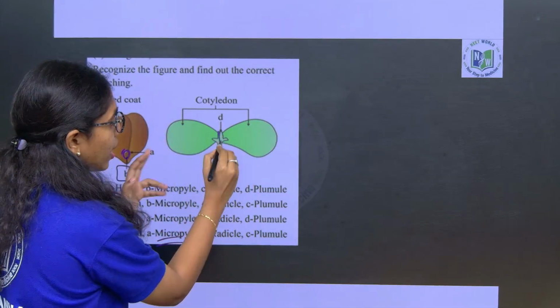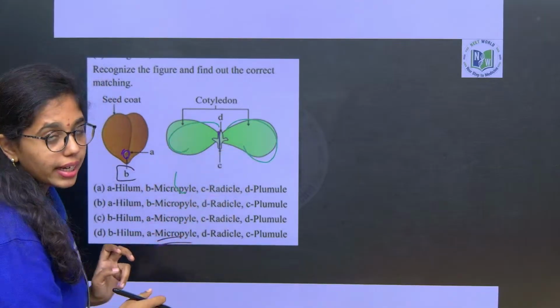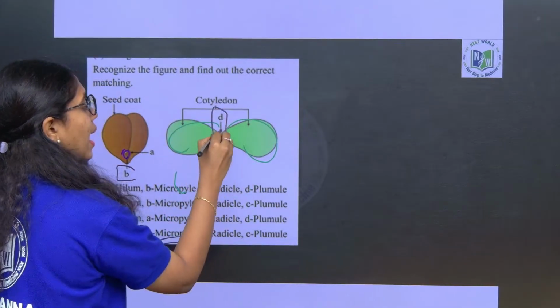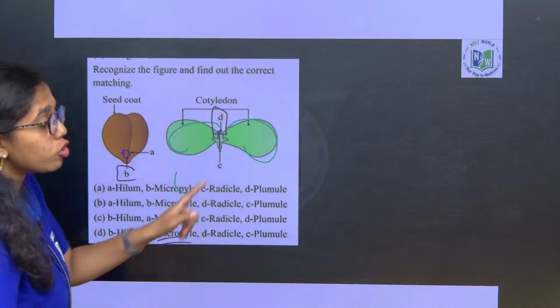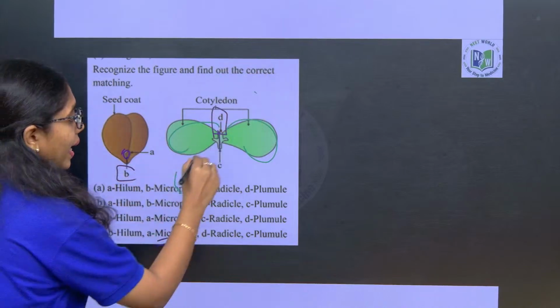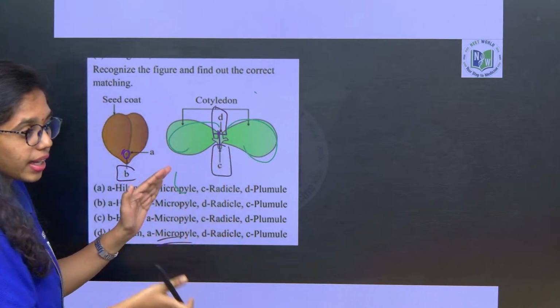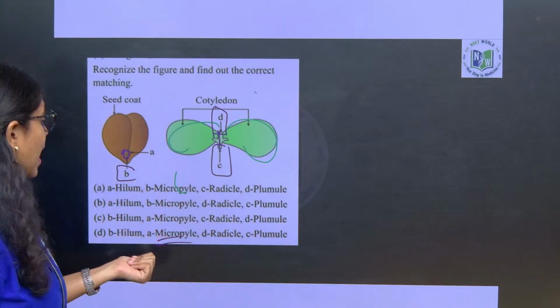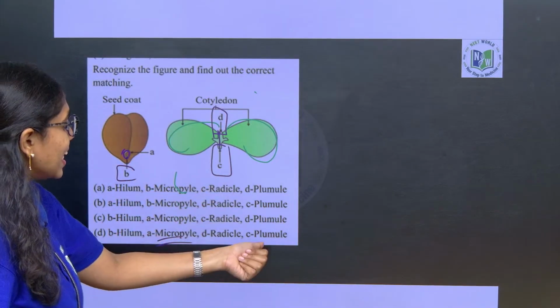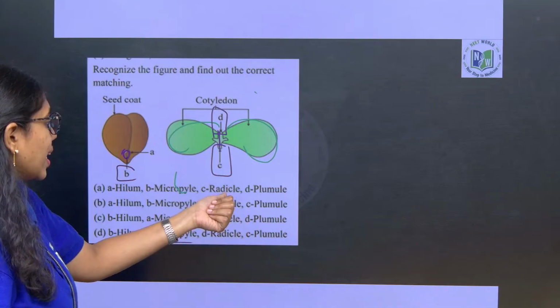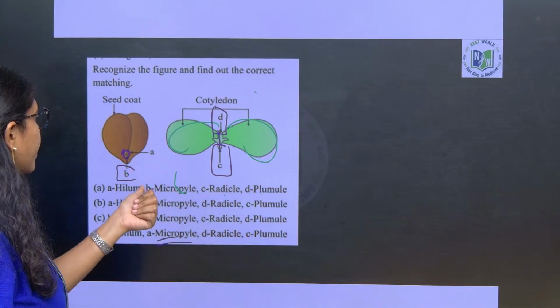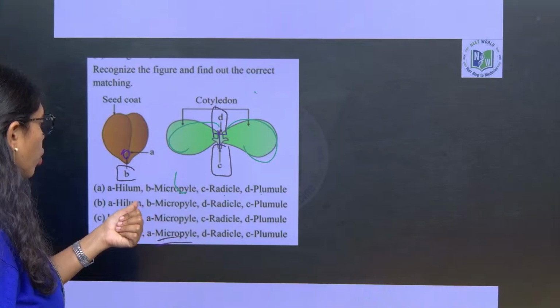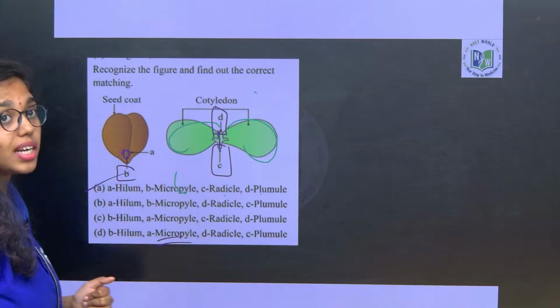This is the embryonal axis and these two are cotyledons. Above the embryonal axis is the plumule, so D is plumule. Below the embryonal axis is the radicle, so C is radicle. So C is radicle, D is plumule, the pore-like structure is micropyle, and A is hilum. That is option A.